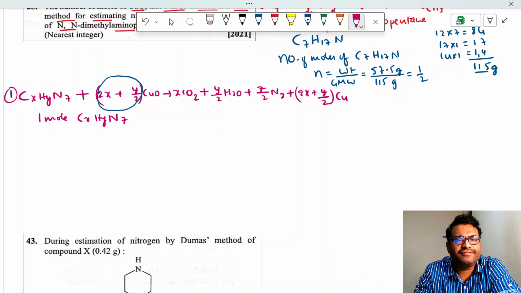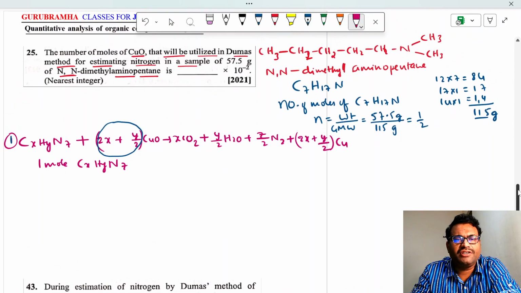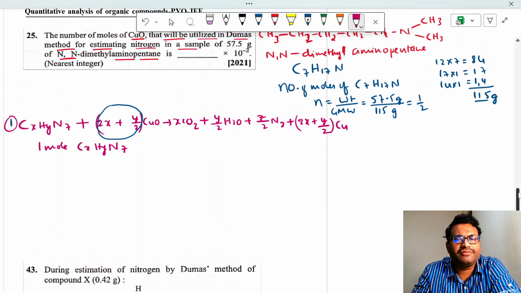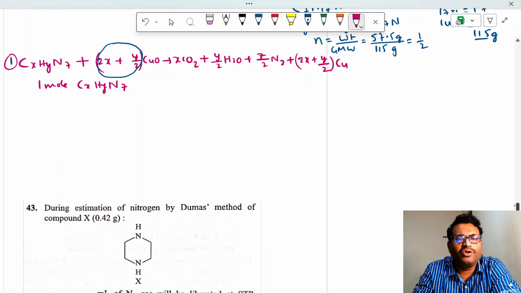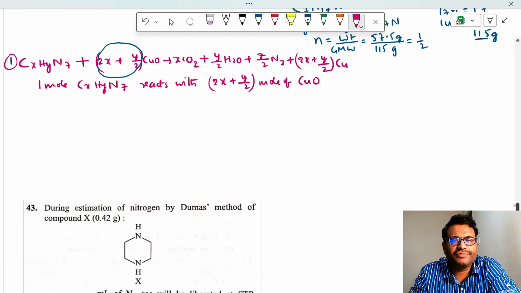reacts with, so the question asked is how many moles are utilized in the Dumas method for estimating, right? 1 mole reacts with (2x plus y by 2) moles of CuO. Okay.